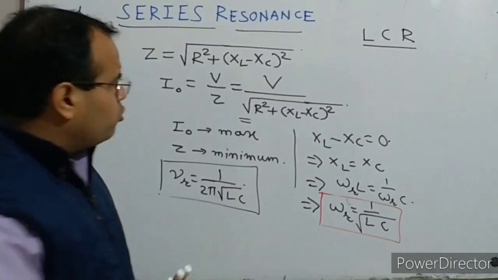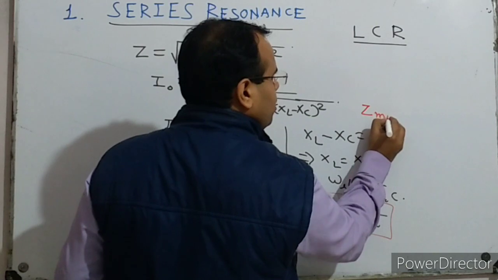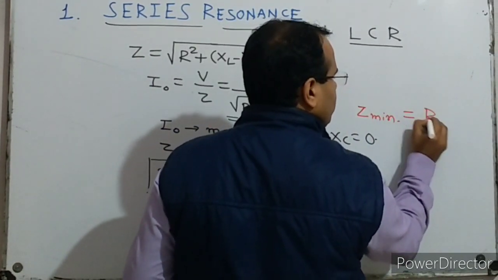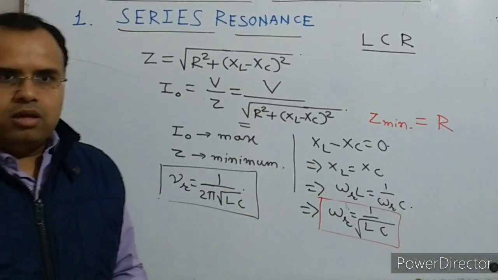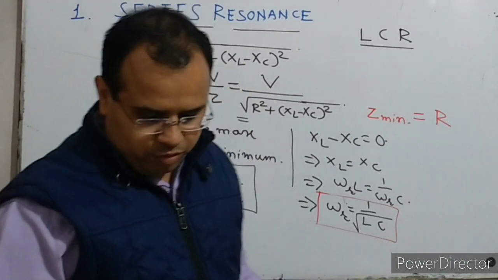Now, why would current be maximum? Because at this particular frequency Z would be minimum, and the minimum Z would be equal to capital R.